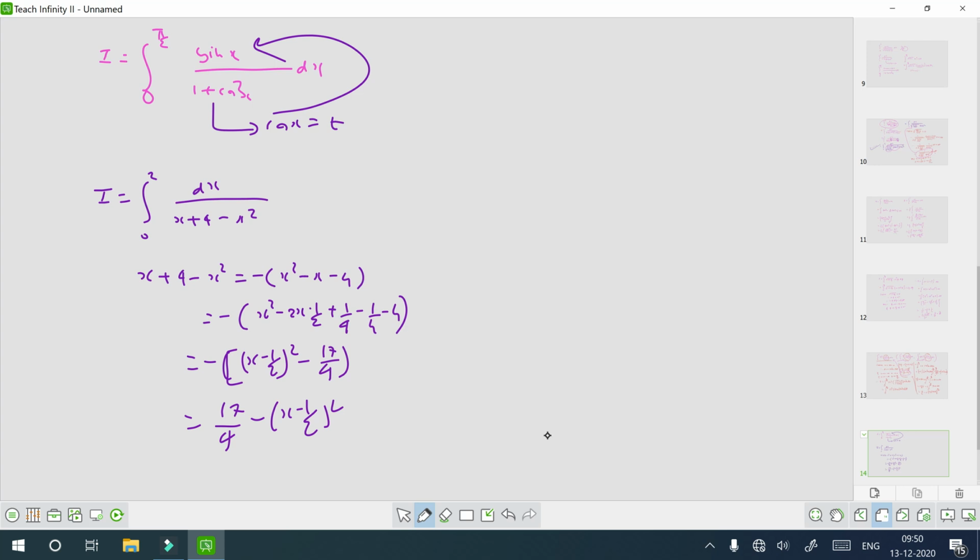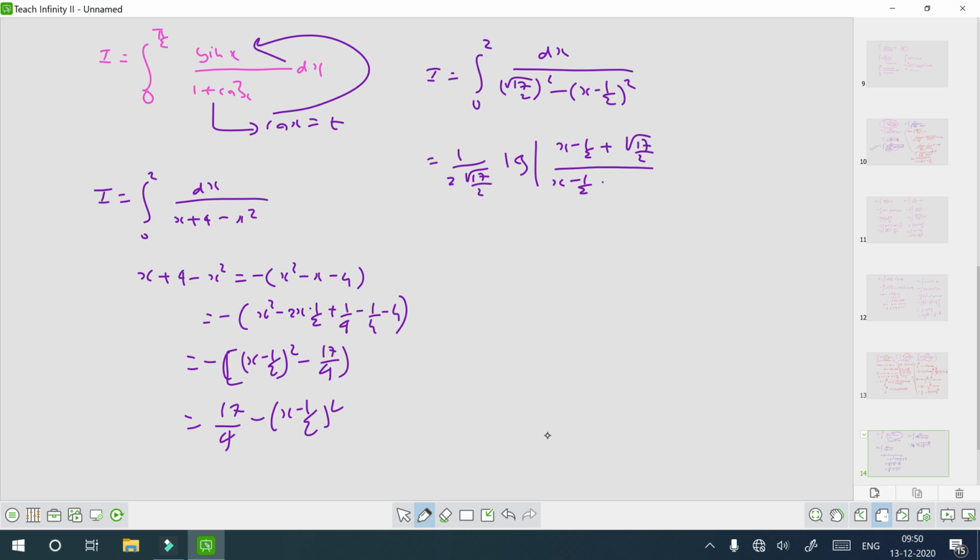So I is equal to integral 0 to 2 of dx over root 17 by 2 whole square minus x minus half whole square. That is equal to 1 by 2a log mod of variable plus constant over variable minus constant, upper limit and lower limit, 0 to 2.